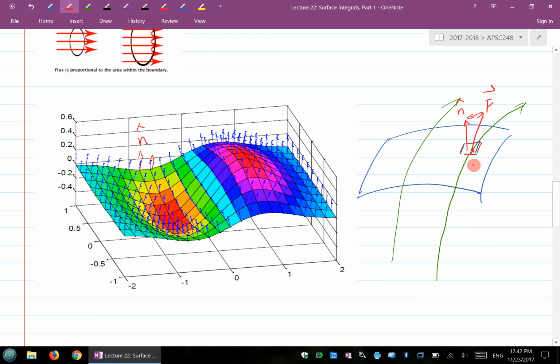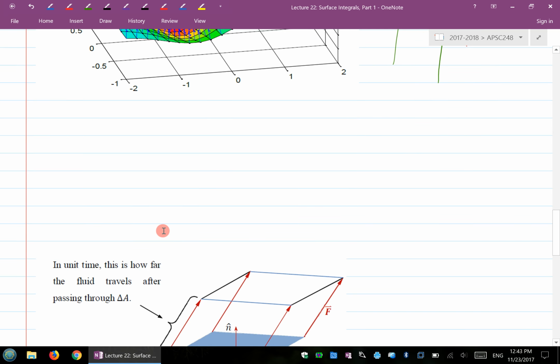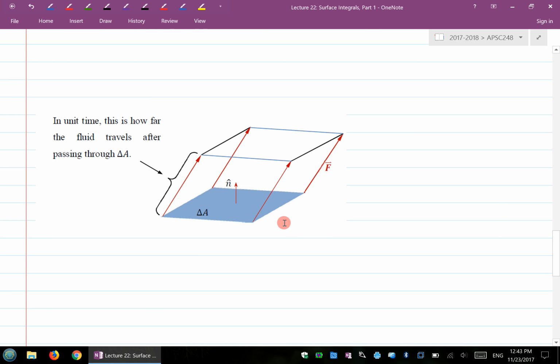So that's how much is going through it. This is actually an idea that gives us now, in order to calculate the double integral, the flux, a way to use this concept to derive the formula for this surface integral here.